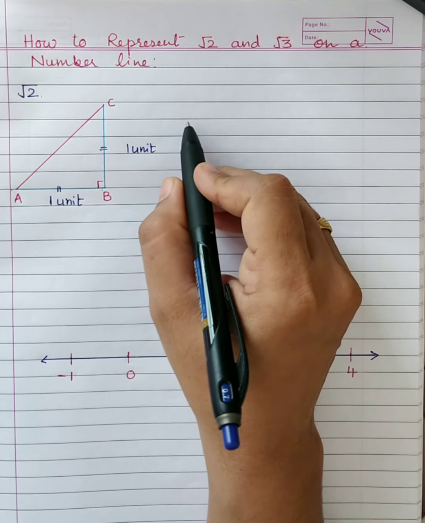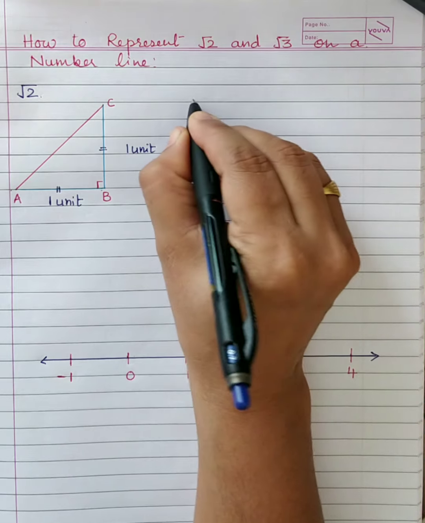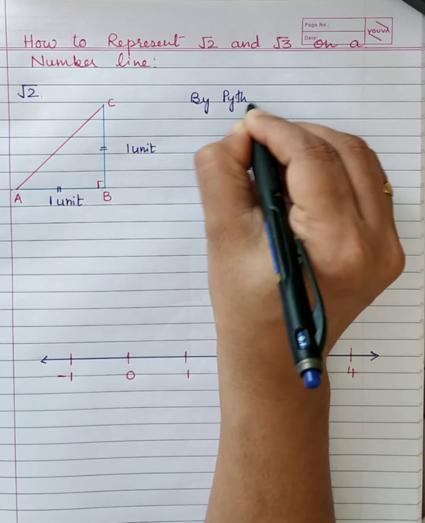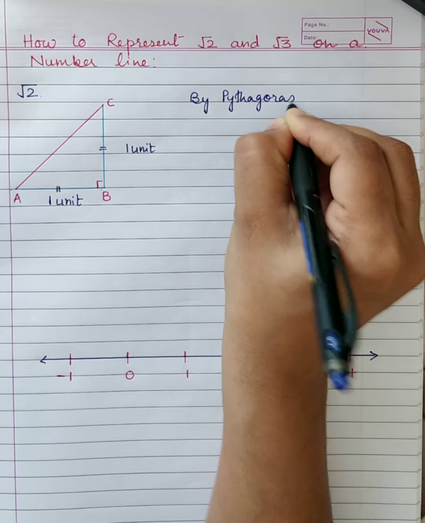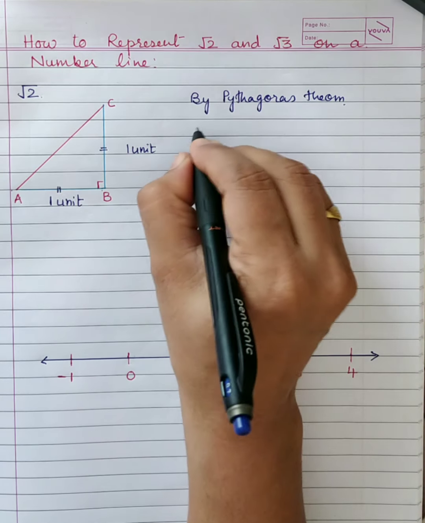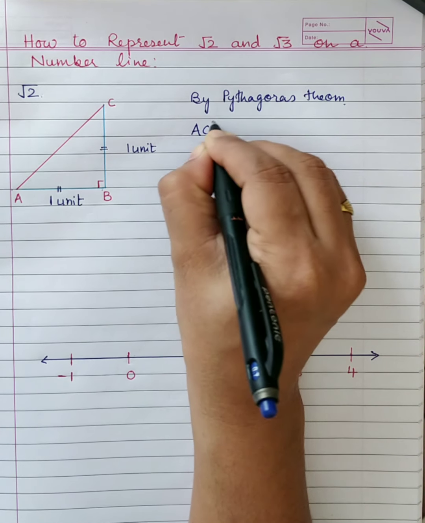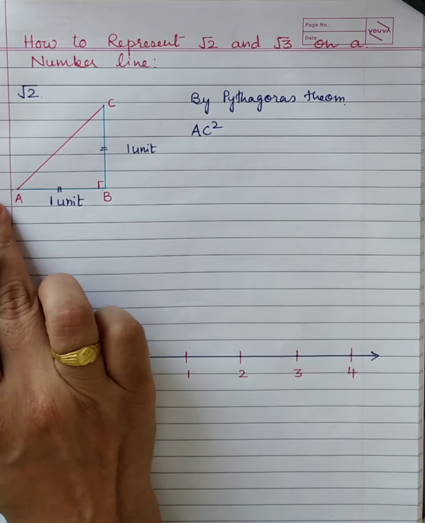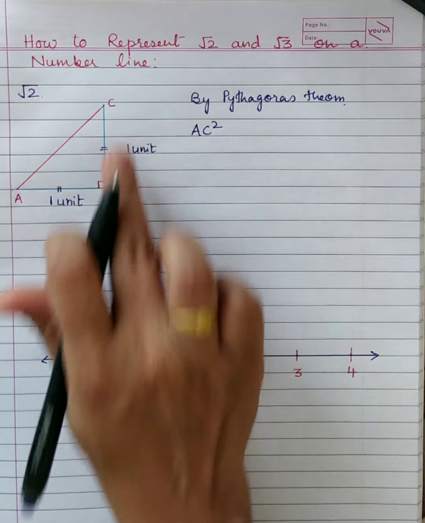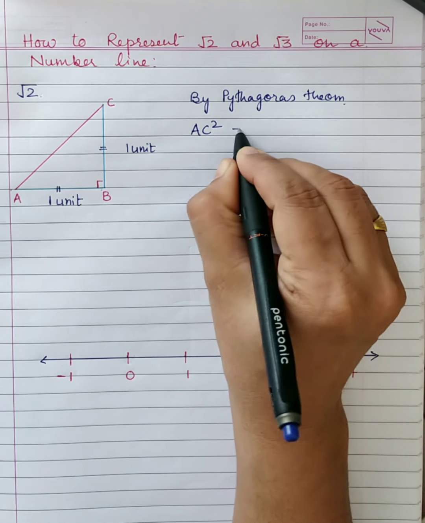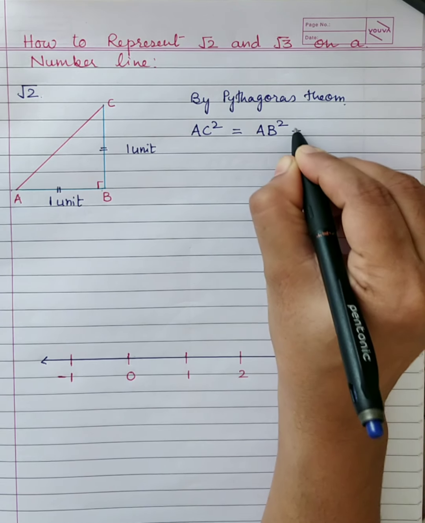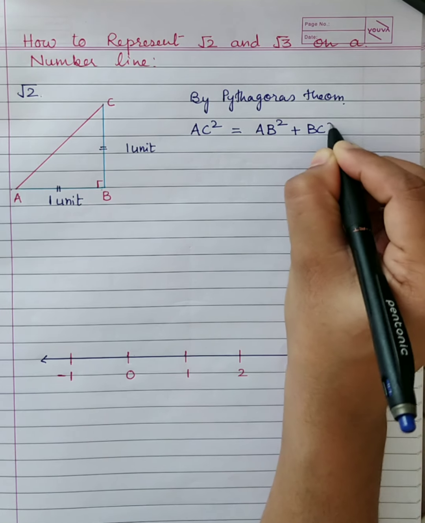By Pythagoras theorem, the square of the hypotenuse, here AC, is equal to the sum of the squares of the remaining two sides containing the right angle. So AC square will be equal to AB square plus BC square.